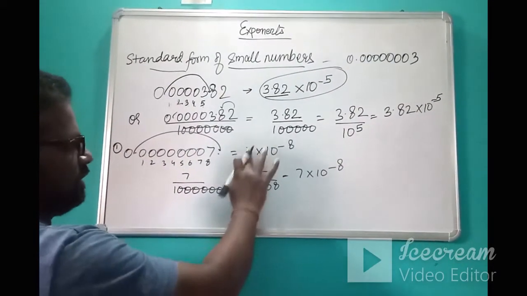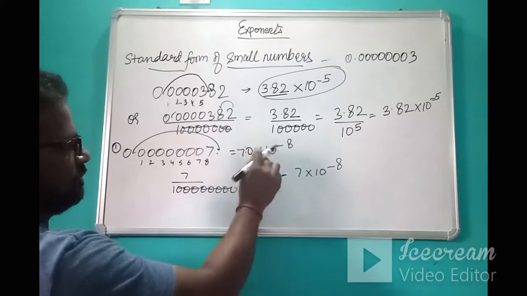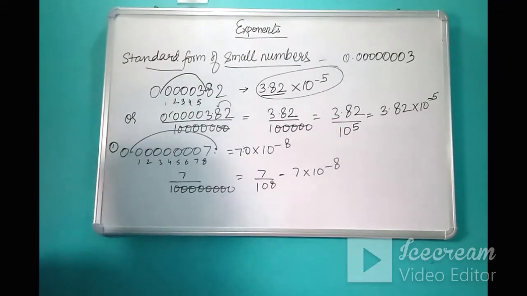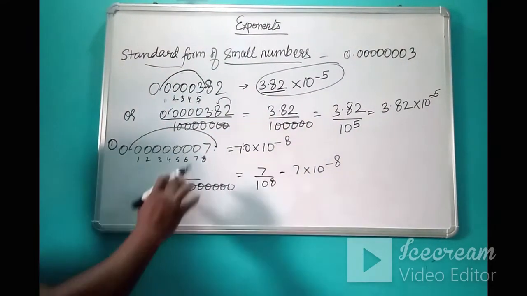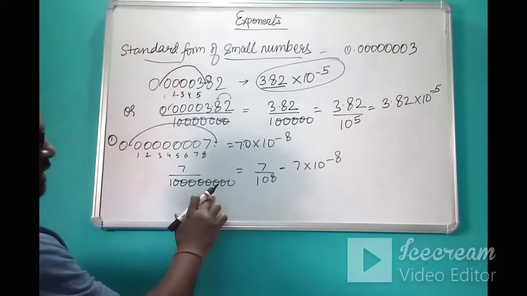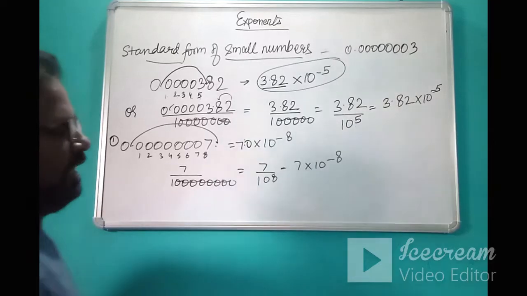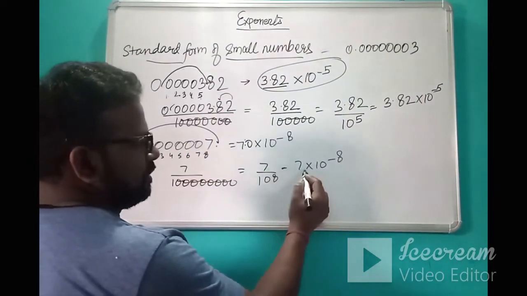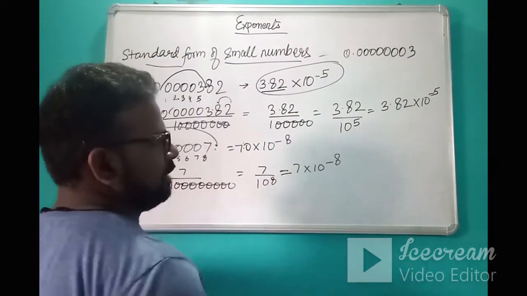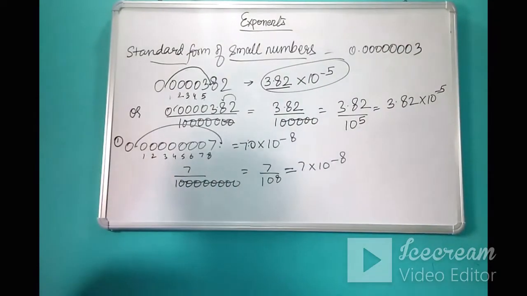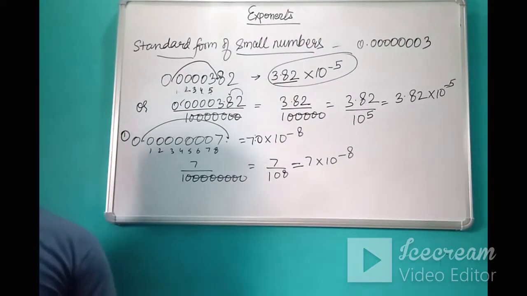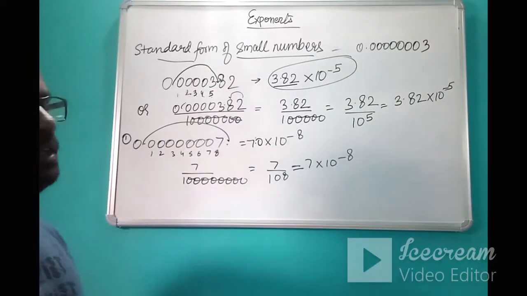So it becomes 7.0 into 10 to the power minus 8. Or you can count the zeros: 4 and 4, 8 zeros were there. And since only one digit is there, you can simply write it as 7 into 10 to the power minus 8. Okay, so this is how you can write numbers in the standard form.